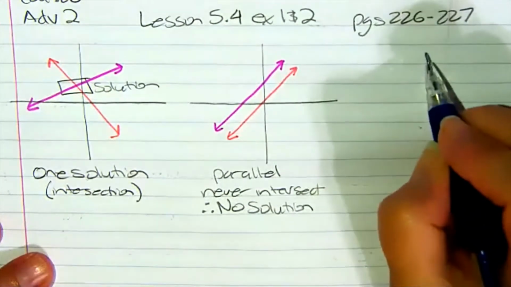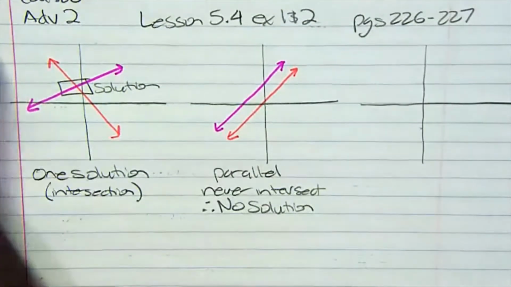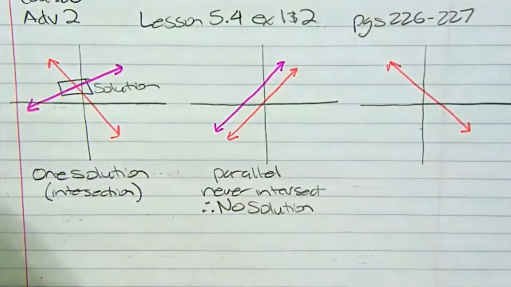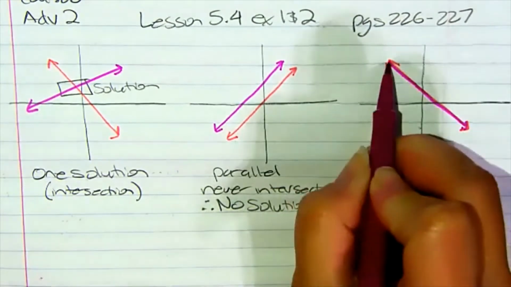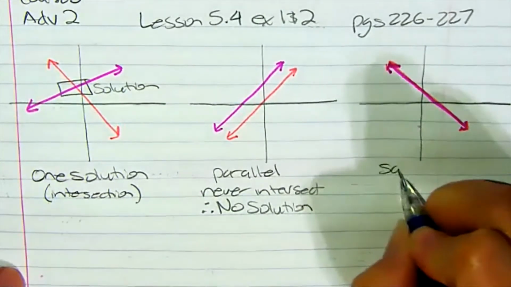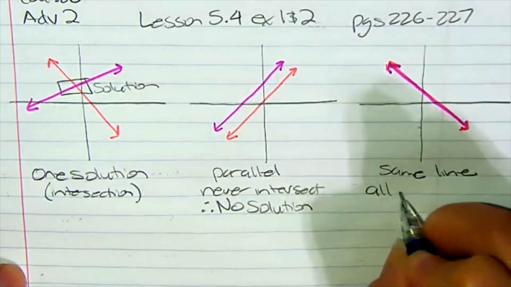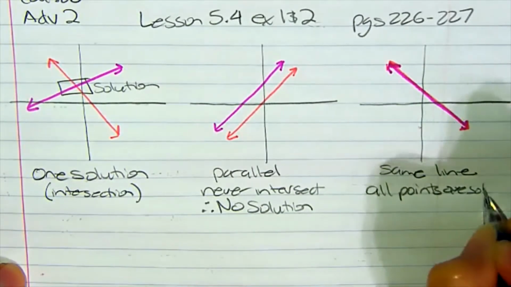Then we have another situation where we have the equations for lines, and it's the same line. Same line. All points are solutions.